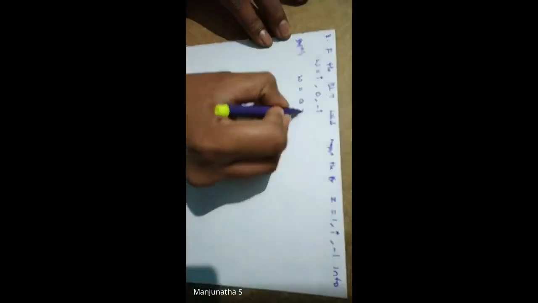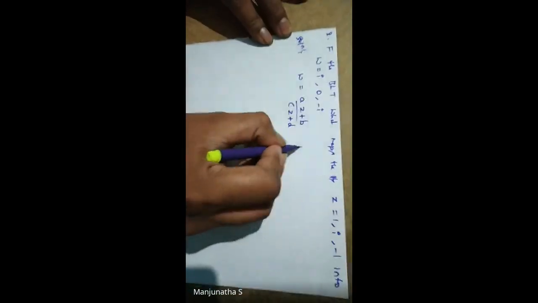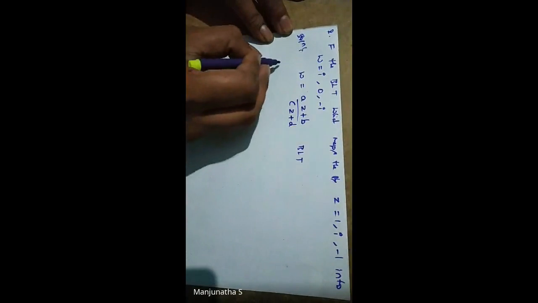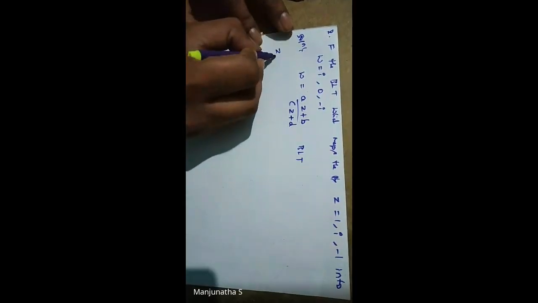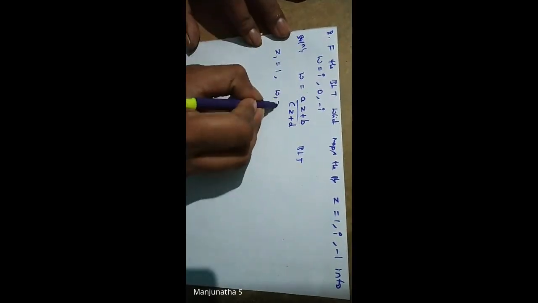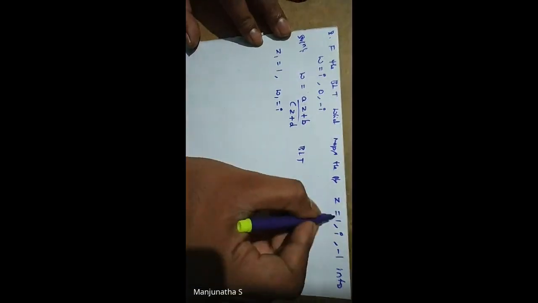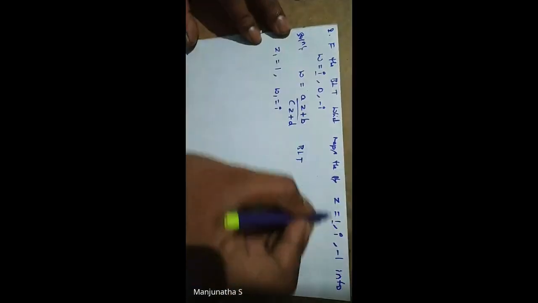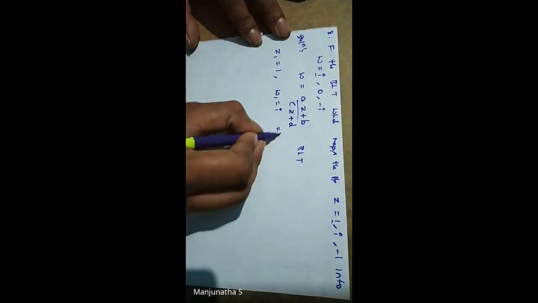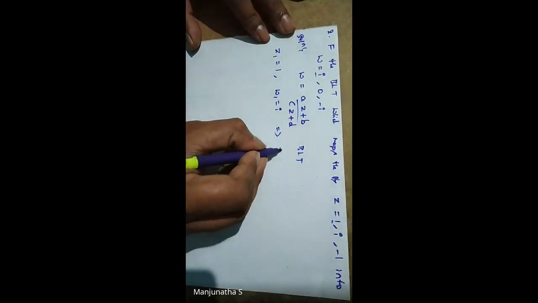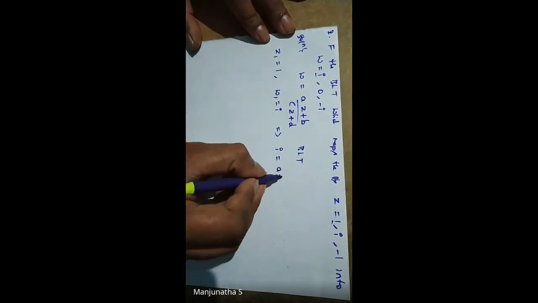So, solution, same thing. We know w is equal to (az + b) divided by (cz + d), which is the bilinear transformation formula, and we know z1 is equal to 1, w1 is equal to i. For 1 it is i. So w becomes i is equal to (a + b) divided by (c + d), since z is 1.